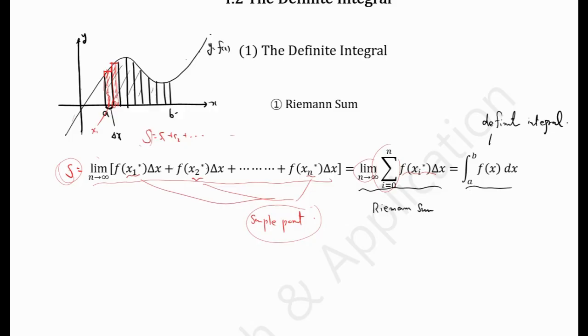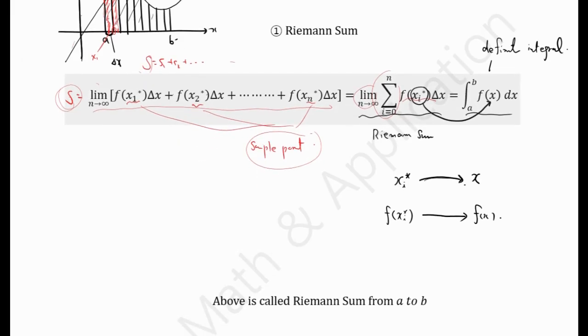When we change the Riemann sum into the definite integral, the sample point xi star changes to x, and f(xi star) changes to f(x). This a and b are the endpoints of x.